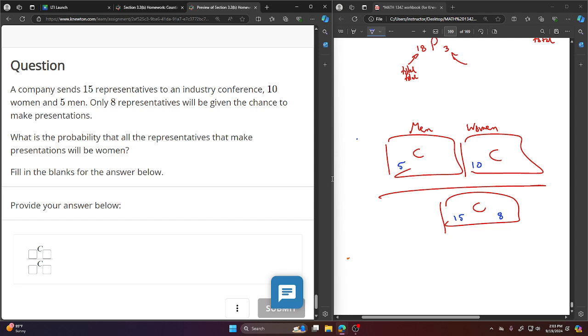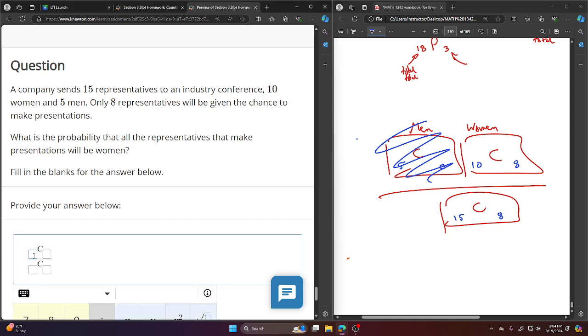You see that? All. So how many men? 0. Because this guy has a 0, he basically cancels and becomes a 1. That's why you only have the 2 boxes here. So in a way, we don't need to talk about men at all because they're not going to be making presentations. I believe this is how it's going to work. So here we go. Of course, I'm going to get it wrong. No, I'm just joking. This time I might actually get it right.